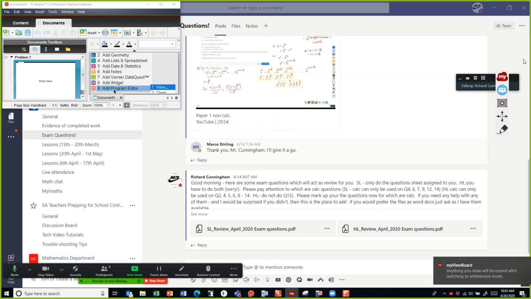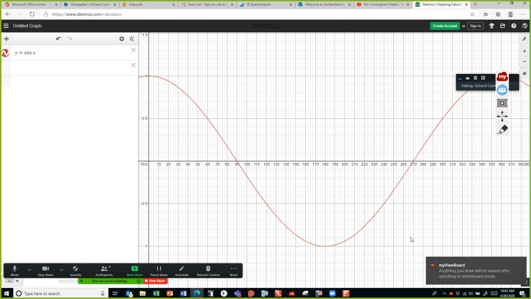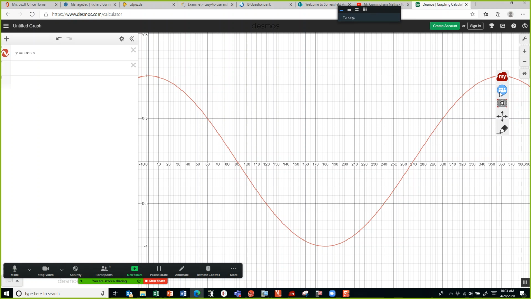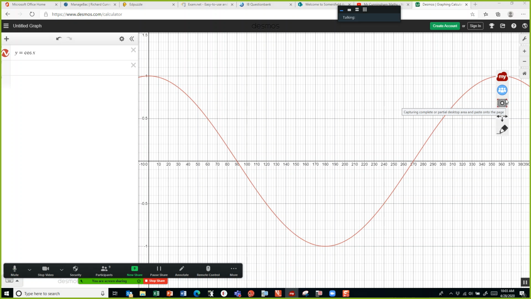Okay, so going back to this previous page. The graph of y equals cos x is very, very similar. I'm going to copy and paste it.